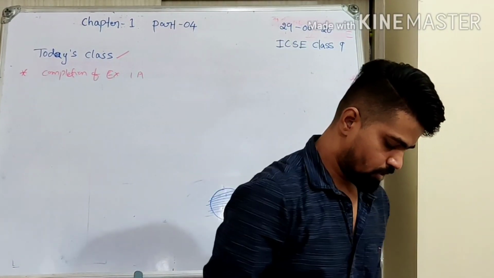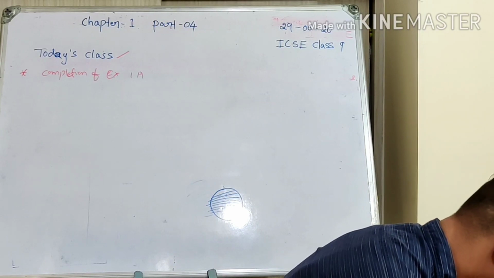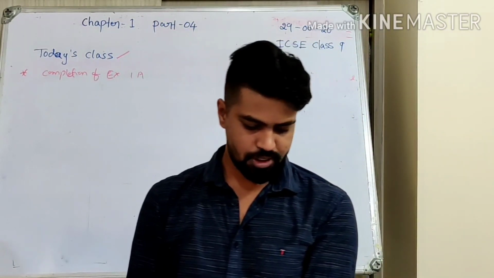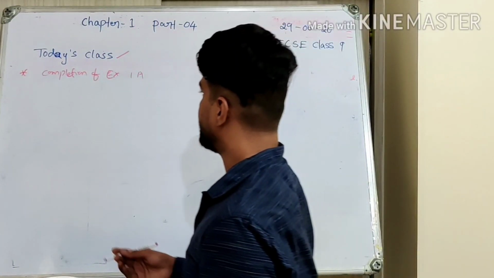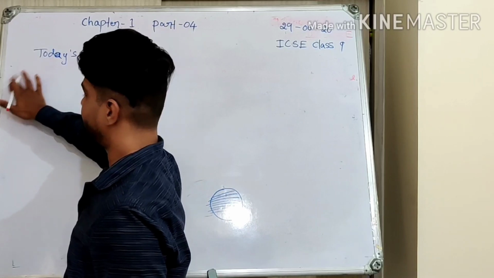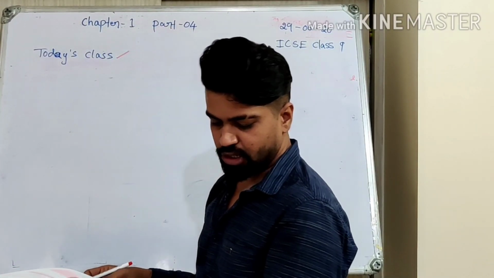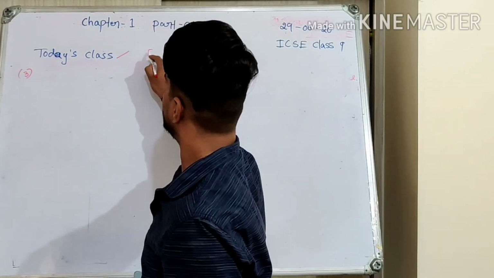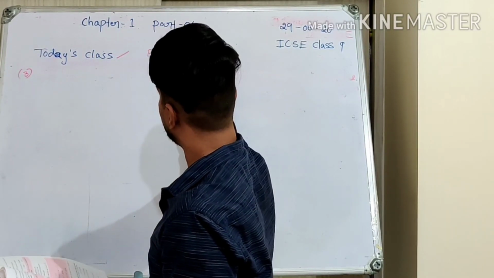So what was left out in the previous exercise? I solved the first two questions. I was at the third question, where they're asking us to write the fractions in the ascending order of their magnitudes. That is question number 3 in exercise 1A.